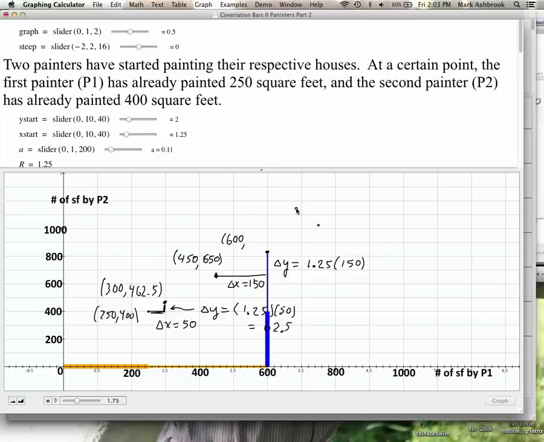Okay, so tell me the numbers. 650 plus the change in y, right? So this will be 650 plus my delta y. And what was delta y? So let's see if I can do that in my head. 837.5? 837.5 is the new y.